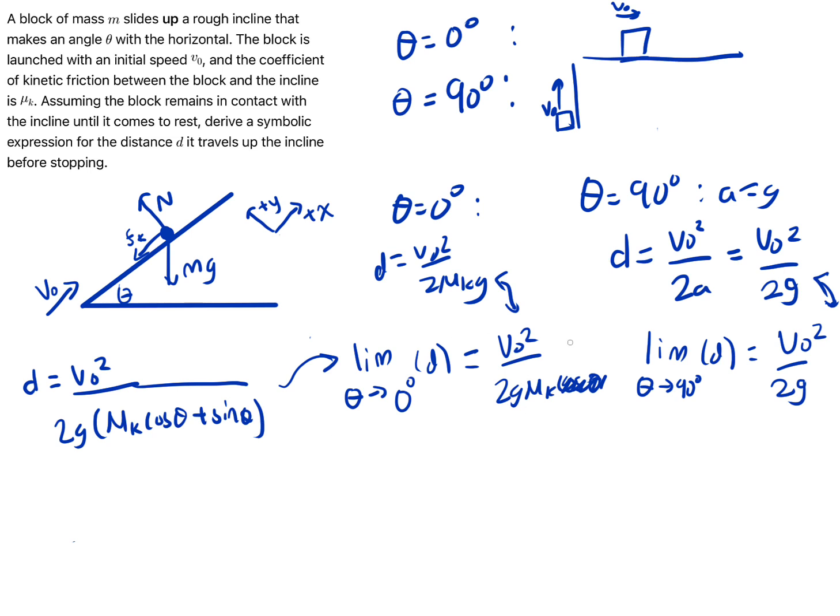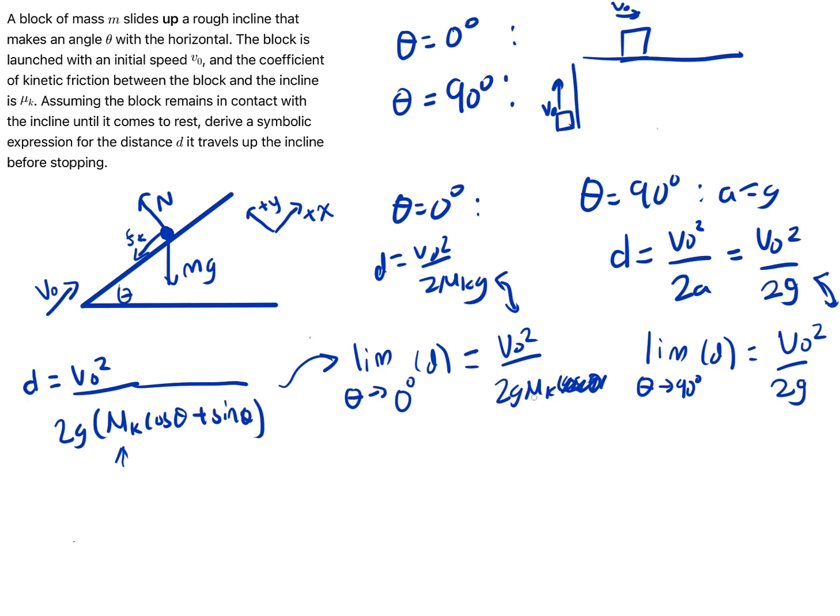And of course, if one of these limits were way off, like if you got an infinite distance or something, then you know that your answer is wrong, and you should go back and try to figure out what you did wrong. We can also notice that mu k is in the denominator, so increasing mu k will decrease the distance traveled, and that's also what we would expect.